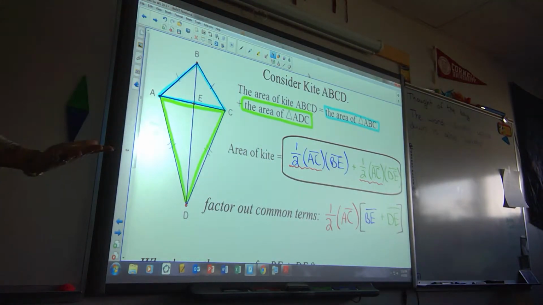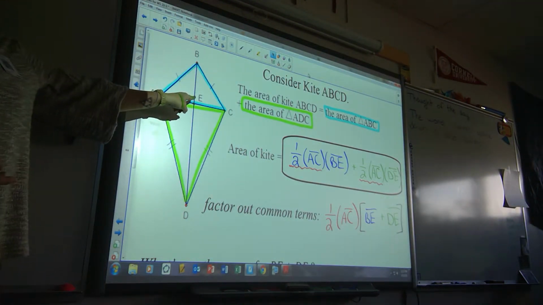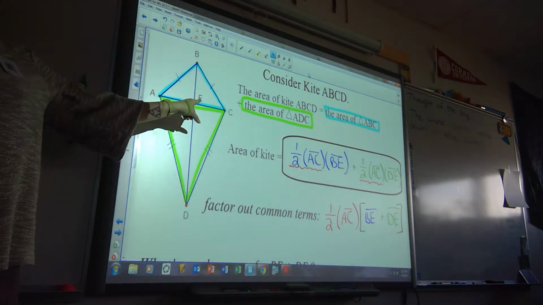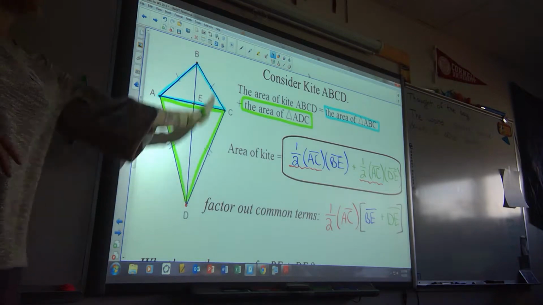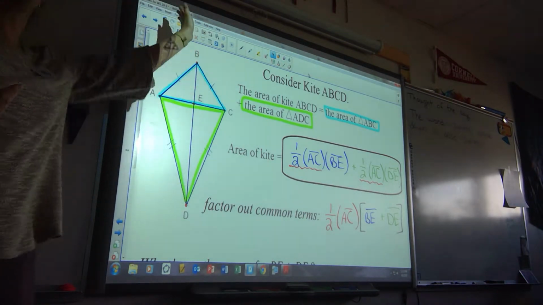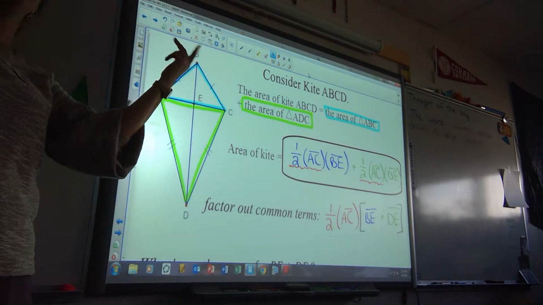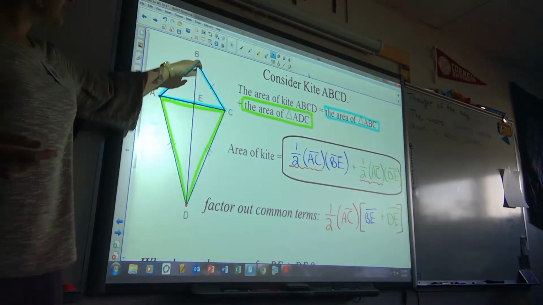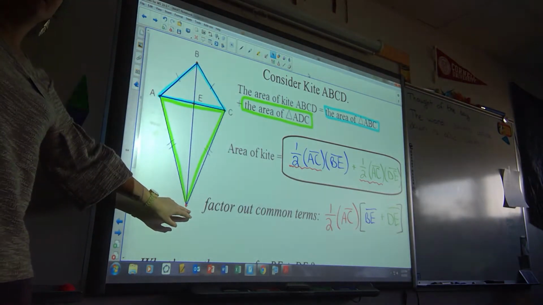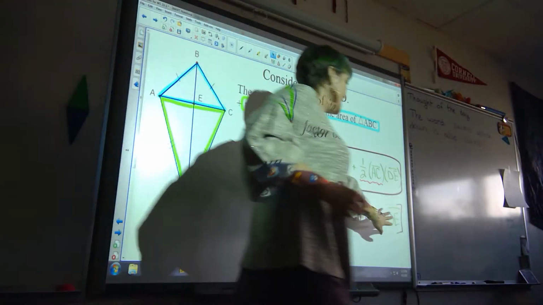What do you get when you have BE added to DE? You get like the spine of the kite, the height, the diagonal, we could call it. So that entire line is summed up right here.